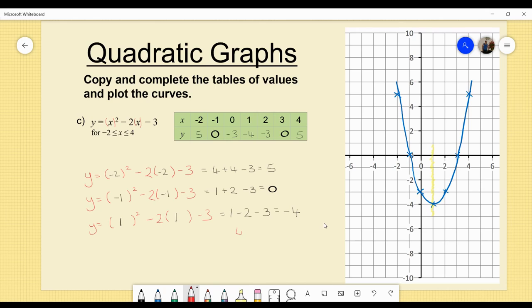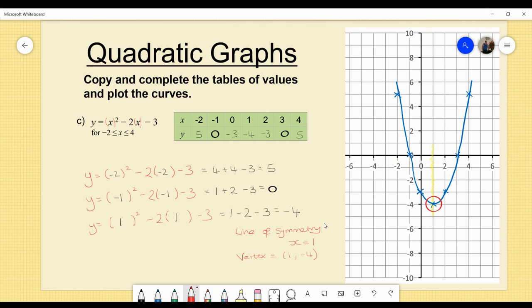So my line of symmetry is the x equals 1 line, so this one going straight down here. My vertex on this one, so the turning point, is again this point here, so that's going to be my 1, minus 4, so that's where it changes direction.